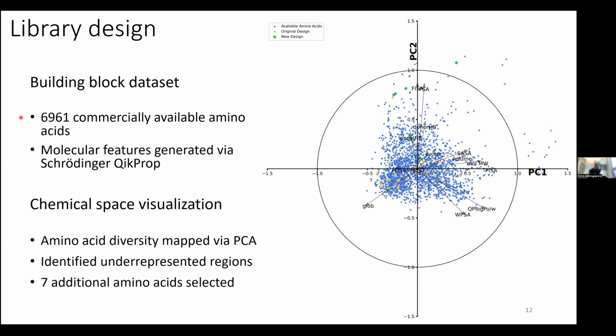And in this graph with orange, you can see the amino acids used in the original design of the library, and with blue, all these 6,961 amino acids that were screened. And we tried to identify underrepresented areas in this plot.